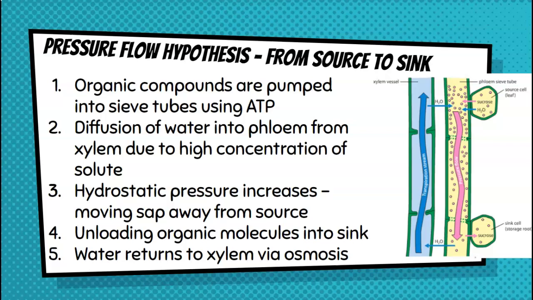Once that water gets into the phloem, wherever that sap buildup is, the water pressure increases. When that pressure increases, it starts to push the sap in whatever direction the sap is moving, whether up or down, until it reaches the sink, and then all that sap is unloaded from the phloem into the sink. Once the sap is gone from the phloem, the water then returns to the xylem.